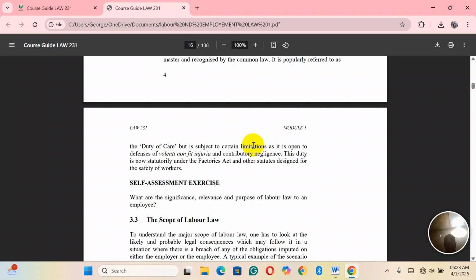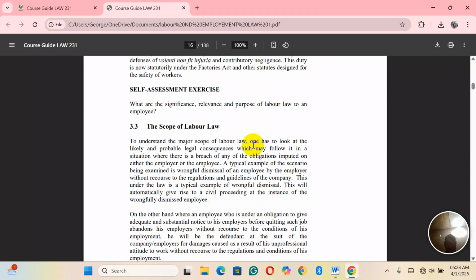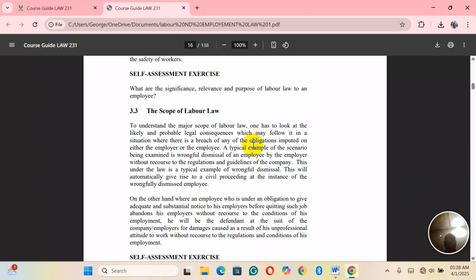And we're looking at the scope of labor law. To understand the major scope of labor law, one has to look at the likely and probable legal consequences which may follow in a situation where there is a breach of any of the obligations imputed on either the employer or employee.